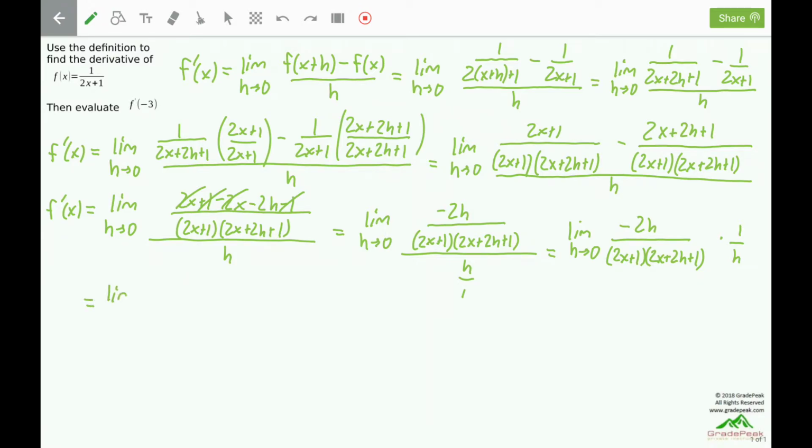This will give us limit as h goes to 0 of negative 2h divided by, I'll just write the h first, but it'll be h times 2x plus 1 times 2x plus 2h plus 1.